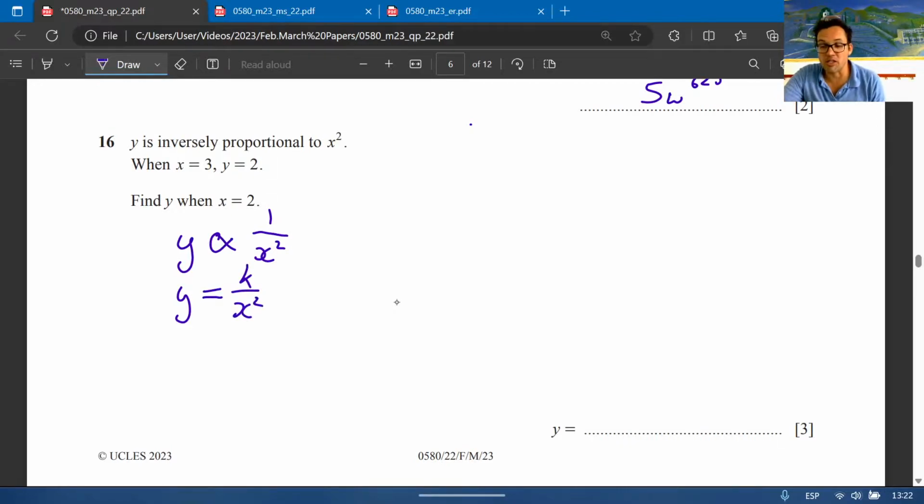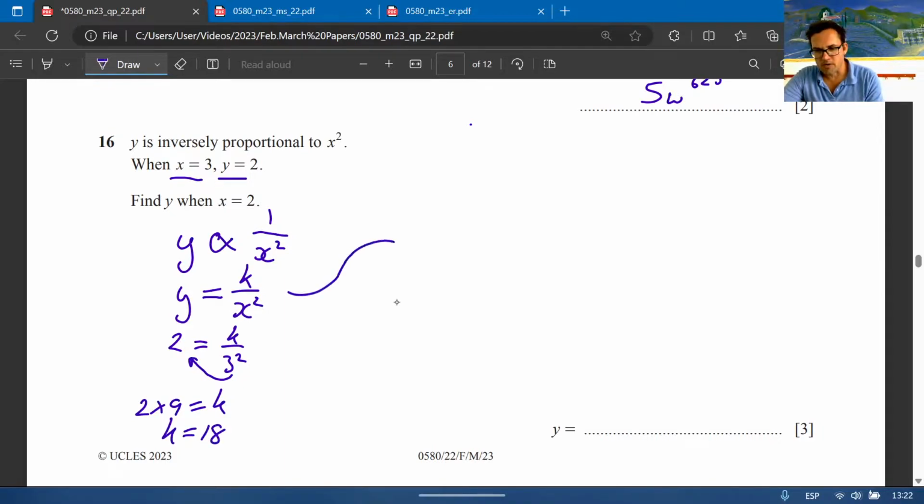Now we got an equation that puts that first sentence, y is inversely proportional to x squared, in mathematical language. We can now substitute the x and the y's. The y is 2 and the x is 3 squared. 3 squared, of course, being 9. Multiply the 9 over there, so 2 times 9, k is 18.